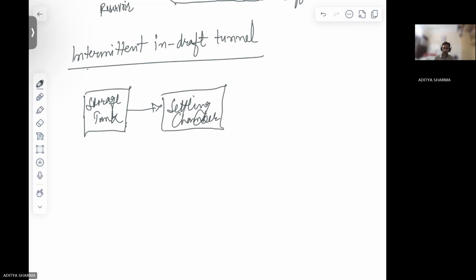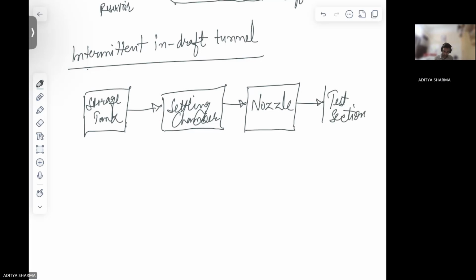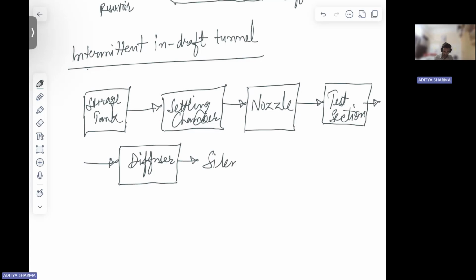After that, we have a nozzle again, like we had in the previous case. After the nozzle, we have the test section. After the test section, we have the diffuser. Then at the end, we have a silencer.